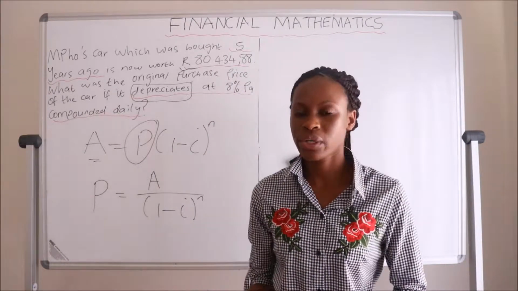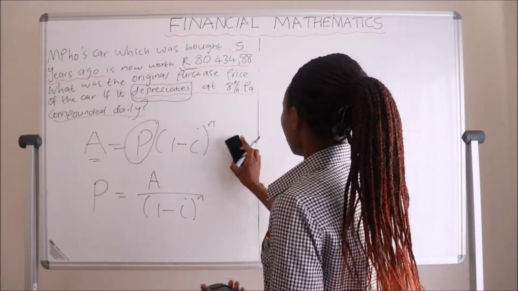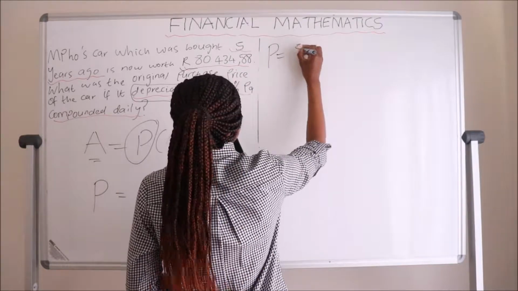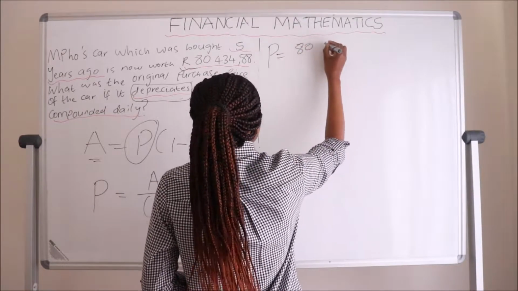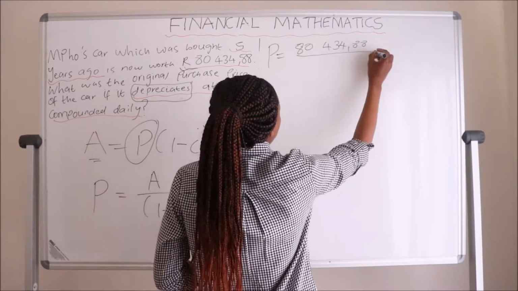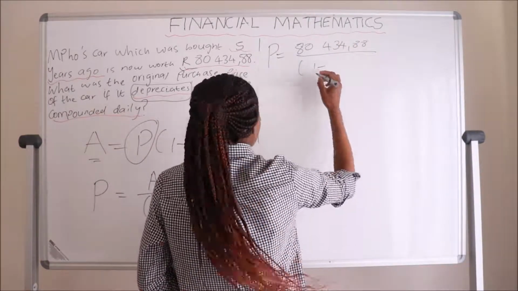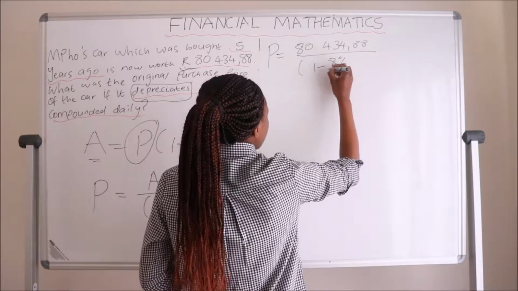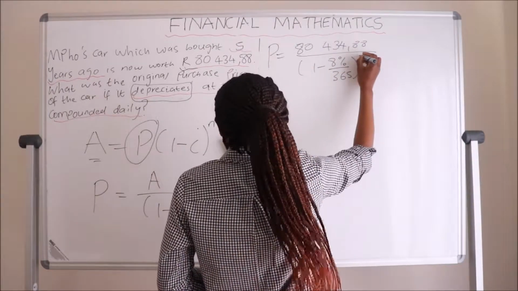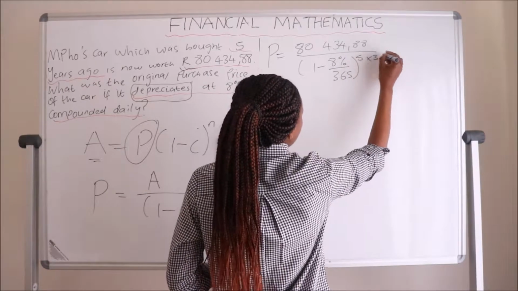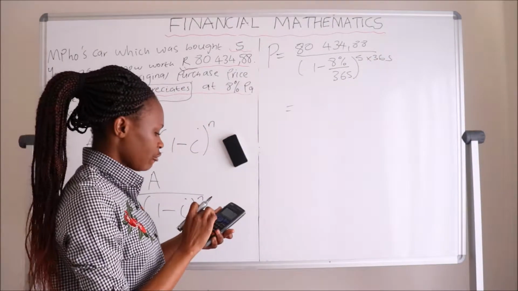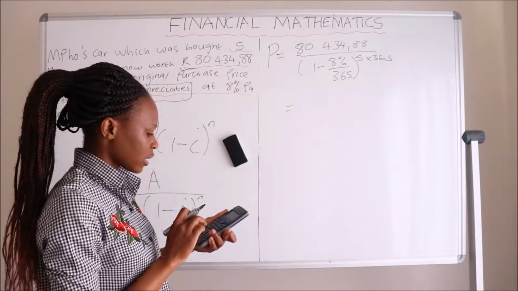So P is equal to 80,434.88 divided by (1 minus 8% divided by 365) to the exponent of 5 multiplied by 365.